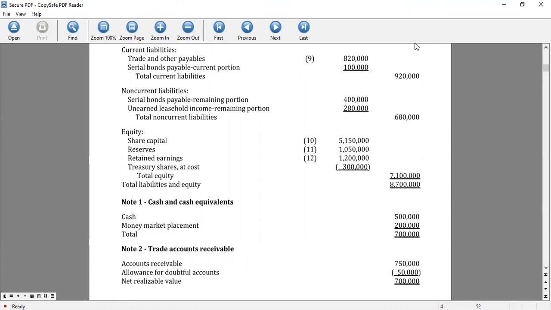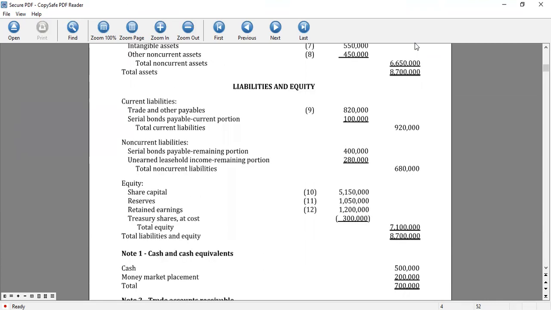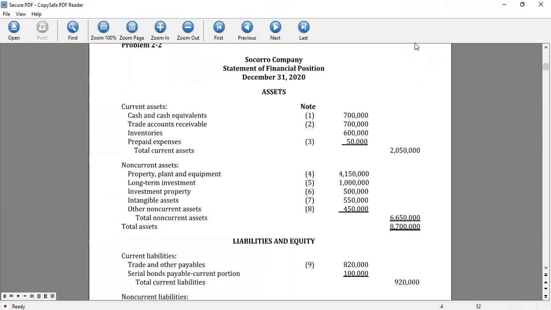We add back the allowance for doubtful accounts of 50,000, thus giving us the gross accounts receivable of 750,000. The net realizable value of the accounts receivable as provided in note number 2 is 700,000.